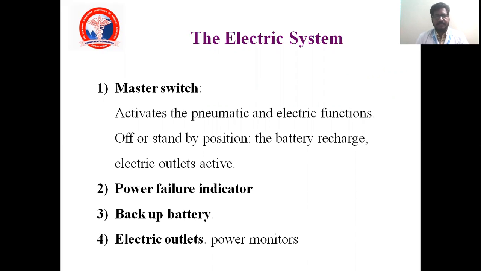The electrical system comprises the master switch, which activates the pneumatic and electric function, off or standby position, the battery recharge, and the electric outlet active. And then the power failure indicator, battery backup, and electric outputs.